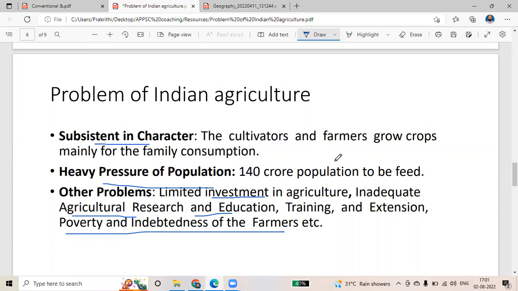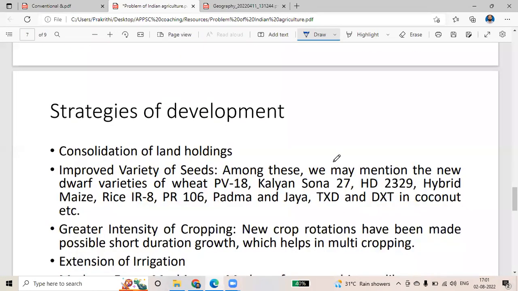So इन लोगों को आगे लेके आने के लिए, to make our country food secure, we want to make strategies for our agriculture sector.